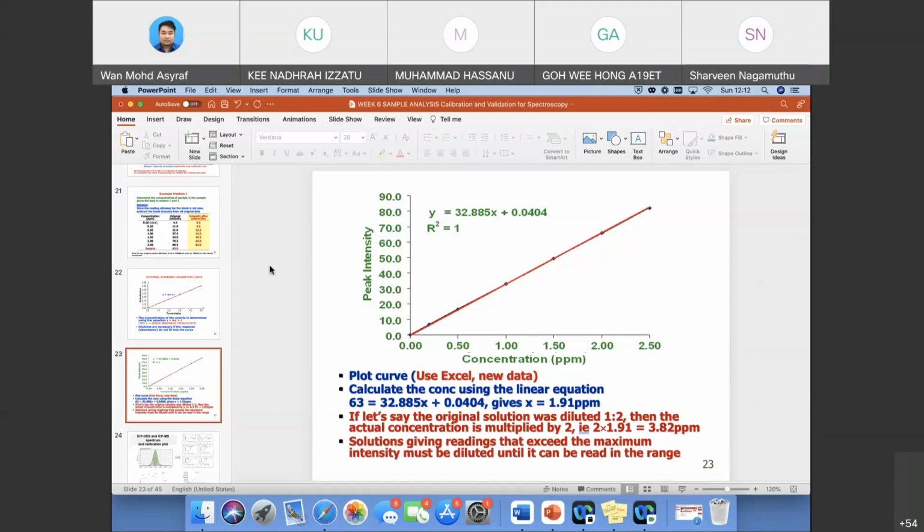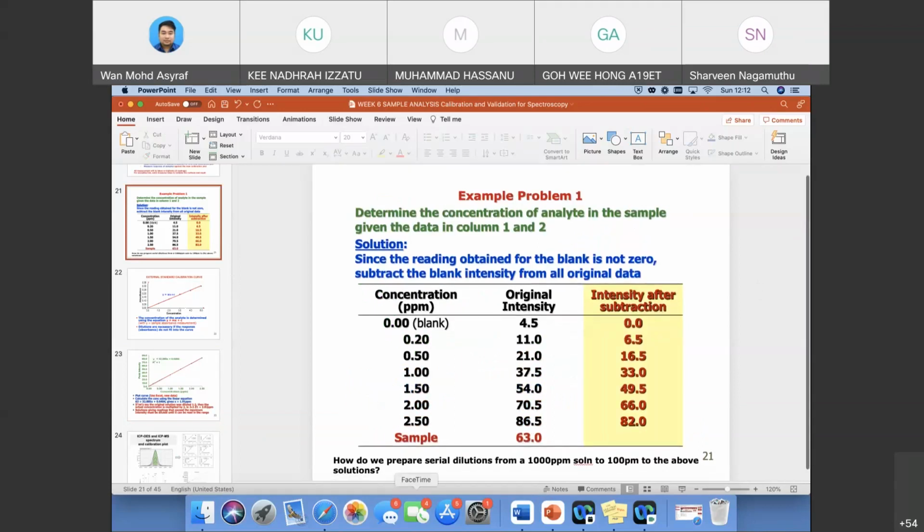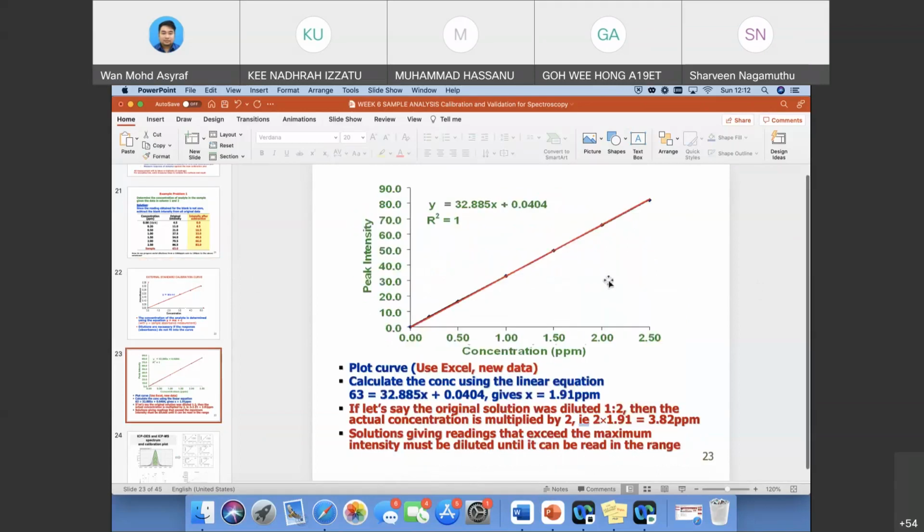So you don't need to stop at 2.5 only. You need to do until maybe 5.0. Okay, you extend your calibration curve until 5.0, and then you've got a new equation and a new R square, which includes your unknown response tadi, which is at 150 intensity.